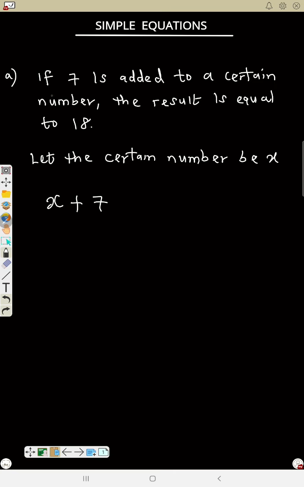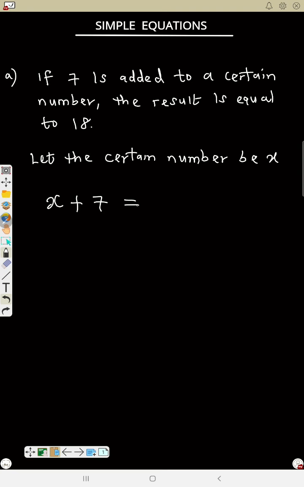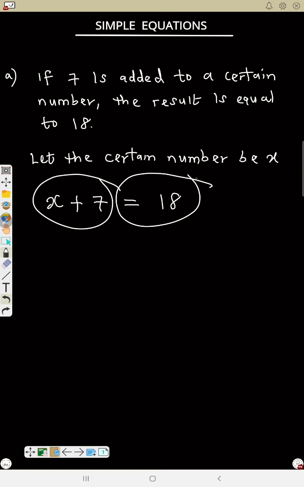So let's continue. If 7 is added to a certain number, the result is equal to 18. So that is the result, this is equal to 18.